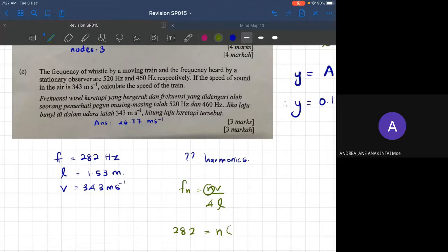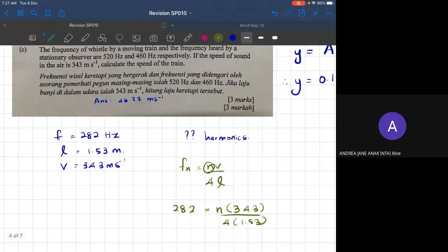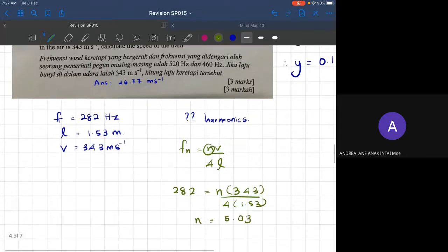And then 4L kita sama dengan 1.53. Okay. Right. If you don't understand, feel free to interrupt. And then kamu pun tekanlah kalkulator. Tekan. Kamu akan dapat jawapan dia N sama dengan 5.03. Okay. Ataupun kalau kita bundarkan dia akan jadi 5 je lah.